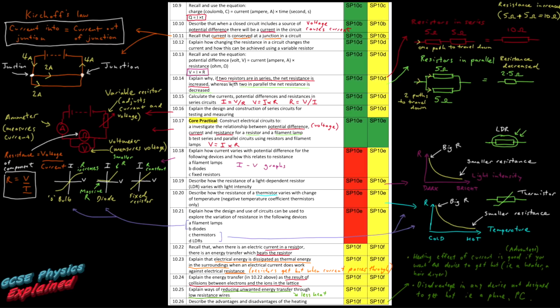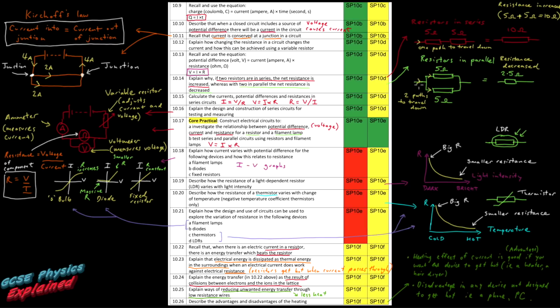Explain why, if two resistors are in series, the net resistance is increased, whereas if two resistors are in parallel, the net resistance is decreased. The current has to go through both of these resistors because there's only one path to travel down if they're in series. So 5 plus 5, that's the same as a 10 ohm resistor, as you can see up here.